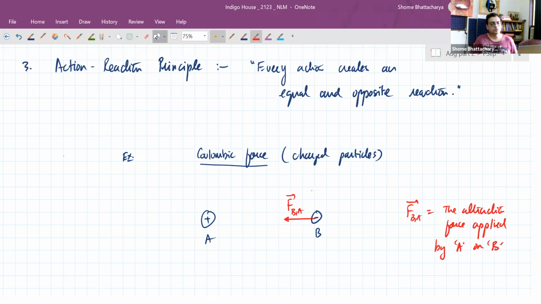But we also know from an experiment, which basically verifies Newton's third law, that while A attracts B, B will also be attracting A. And these will be along the same line, which is the center to center line of the two particles.